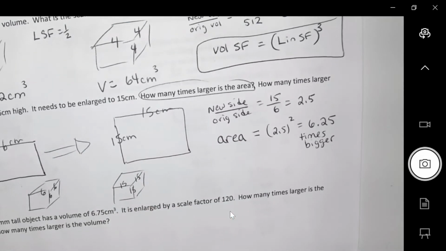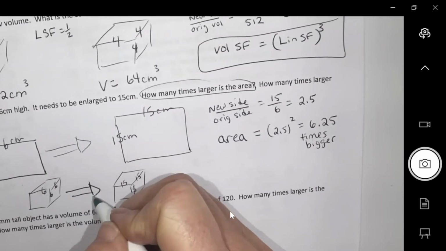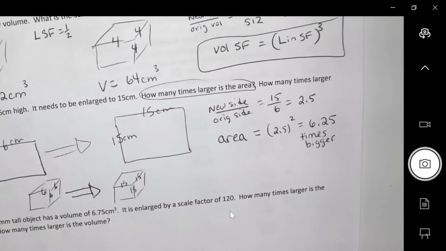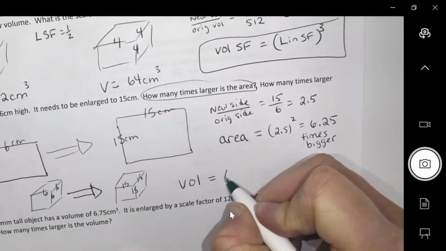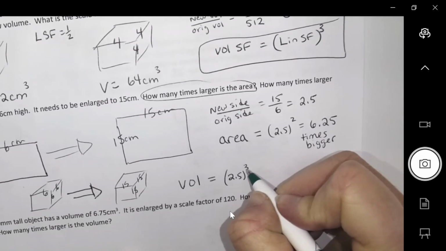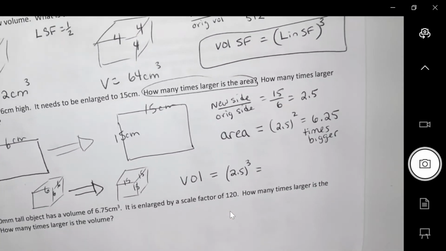So we're going to pretend if we had a 6 cube side or a 15 cube side, how much larger is the volume going to get? So 2.5 cubed is now what I'm going to do.